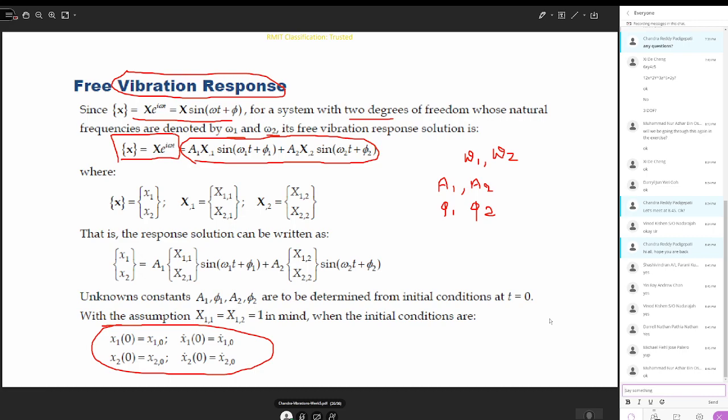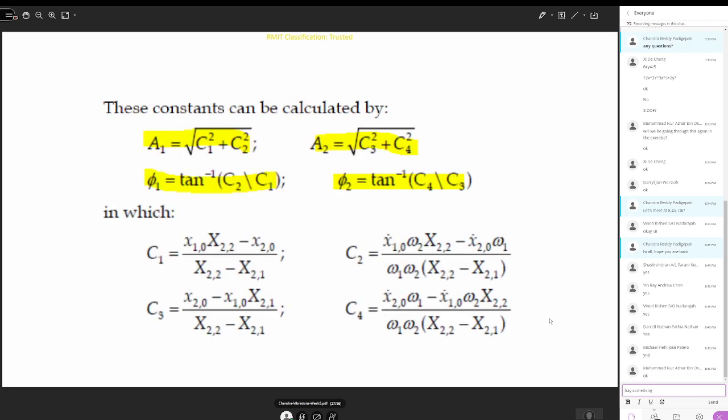Similarly, when the time is 0, the velocity x1 dot is known. All these are the initial conditions, meaning when time t is 0, the displacements and velocities are known. If you know these, you can calculate A1, A2 from these formulas and phi 1, phi 2 from this formula.